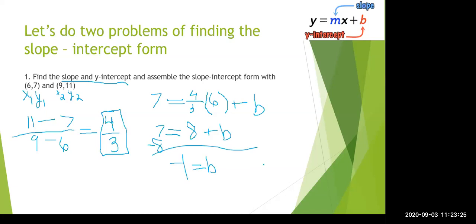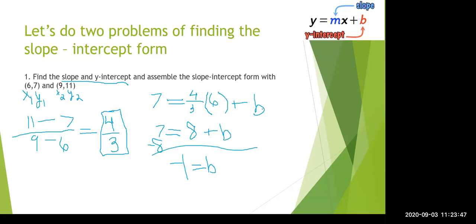And then if you have only one point, then you can check by plugging it in, like the entire formula. But say you have 2 points, then you can just plug in the other point instead of 6, 7. Since I already used 6, 7, now I'll use 9, 11.